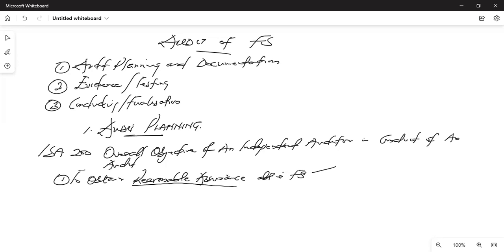That is the first objective. The reasonable assurance he needs is that the financial statements as a whole are free from material misstatements.